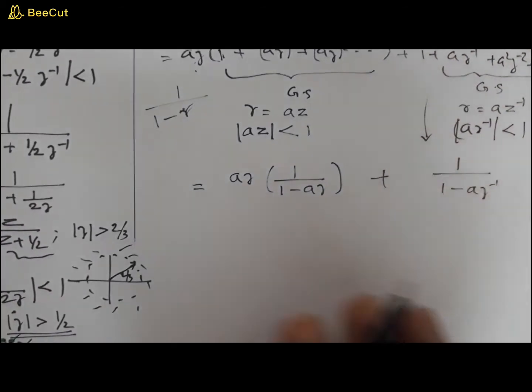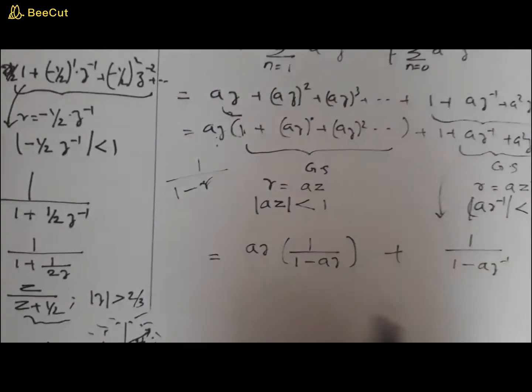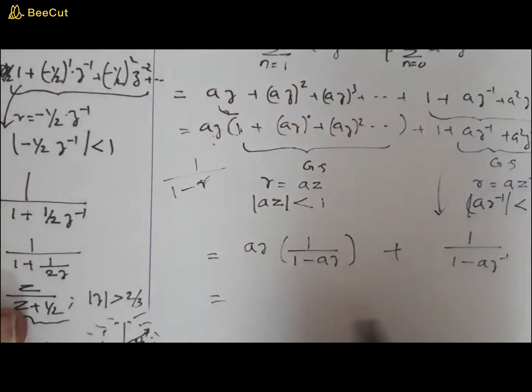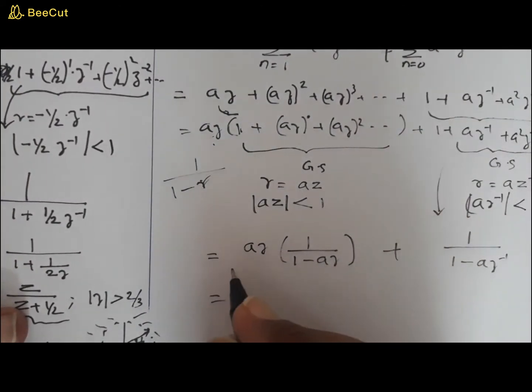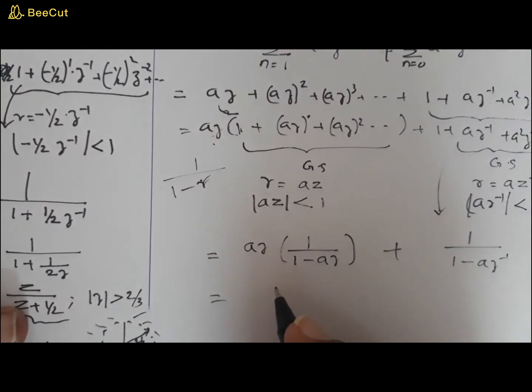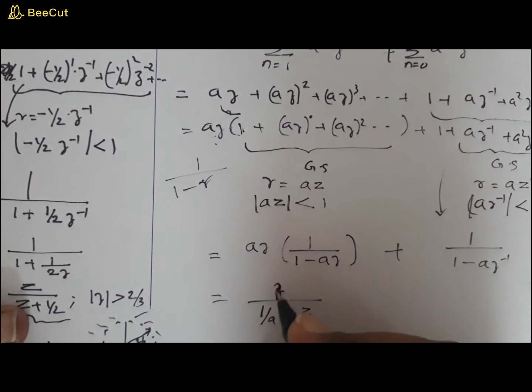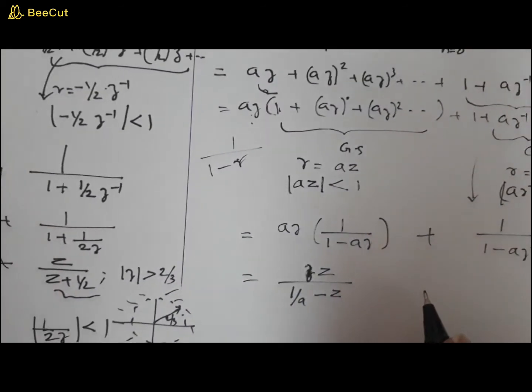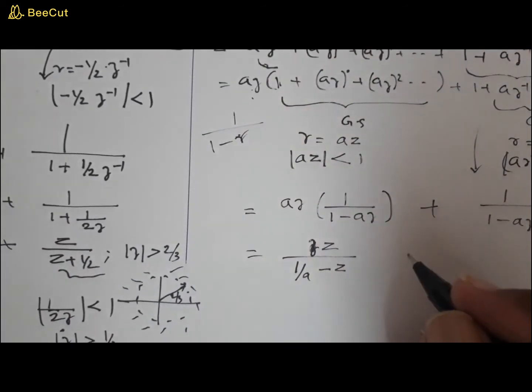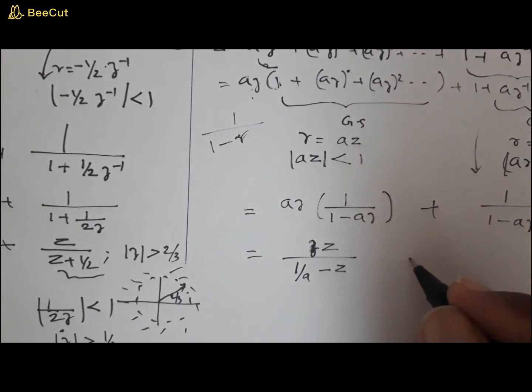Now how will you do this? You can do a simple manipulation. You can take this a outside, so this a and a get cancelled. Therefore this term becomes 1 by a minus z, so z by 1 minus a.